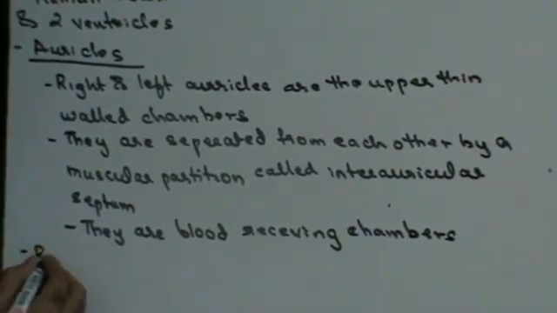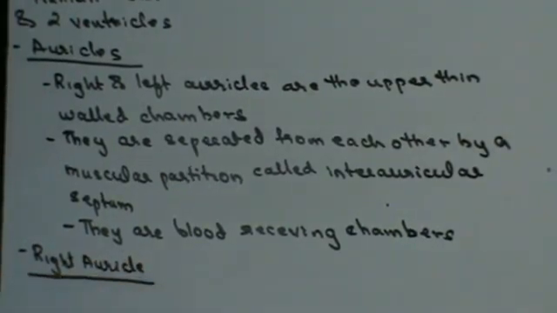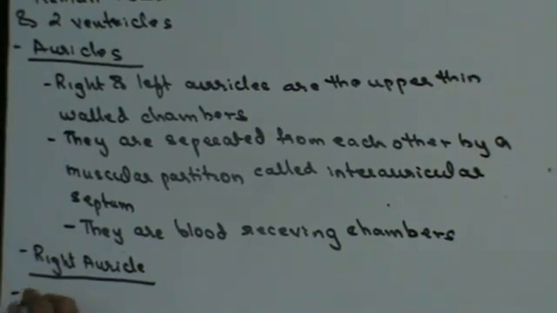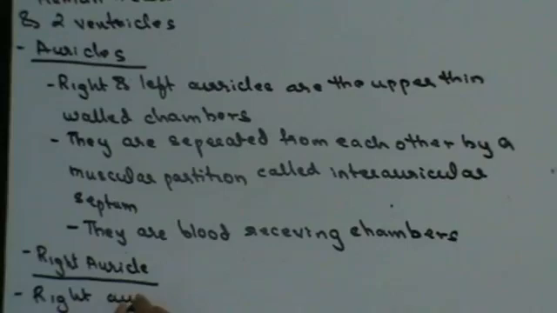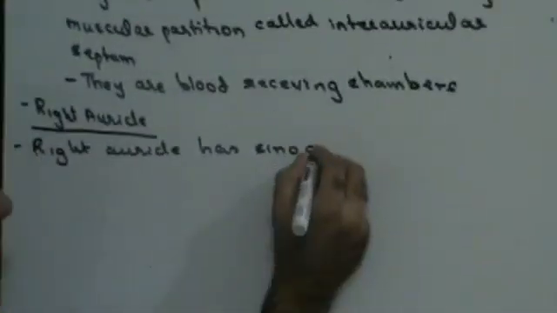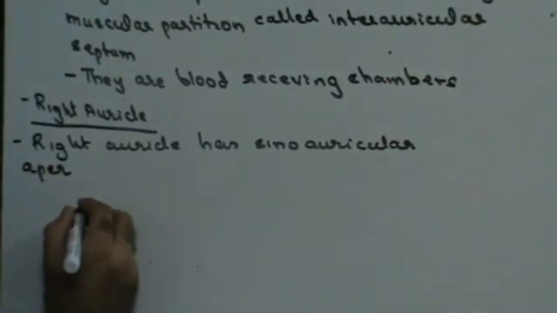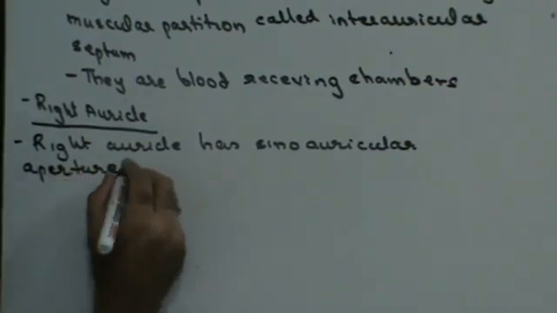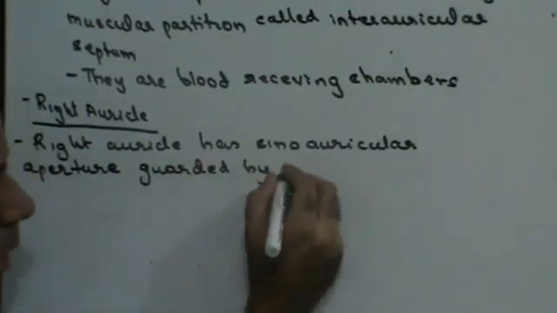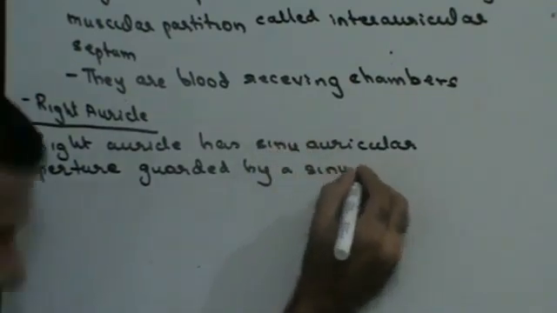Then you have, let's see in detail, the right auricle. Now, the right auricle has a sino-auricular apparature guarded by a sino-auricular valve.